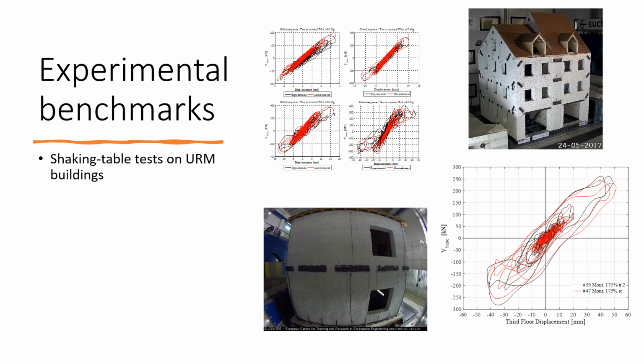What we see on the right is a half scale structure, more complex, representative of a small building aggregate in the historic center of a city, with some, again, capacity of the model proving its ability in reproducing the hysteretic behavior in a proper way, the cyclic dynamic behavior in a proper way.